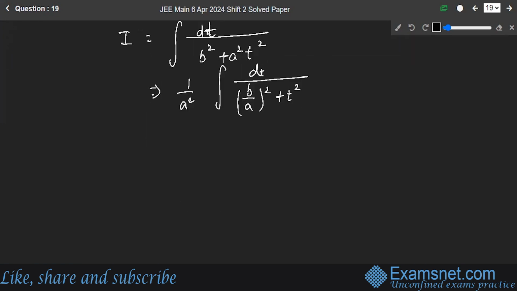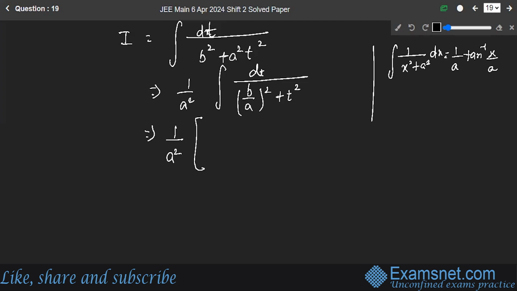Correct. Now the integral of 1 upon x square plus a square dx is equal to 1 by a tangent inverse of x upon a. So that is equal to 1 by a square, and this is 1 by a. In this case it is b upon a tangent inverse t upon b upon a, into 1 upon a square.